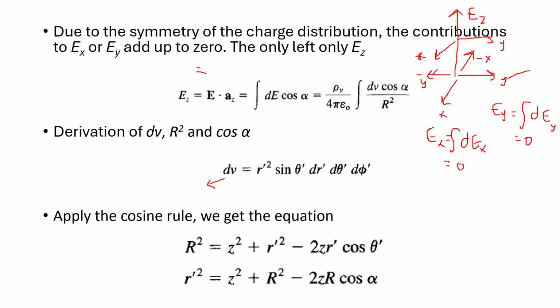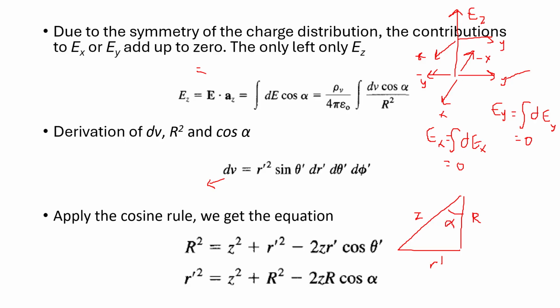We recall why we get this equation: when you make your drawing, you have this kind of triangle with R, R prime, and Z. So where does cos alpha come from? It comes from here.